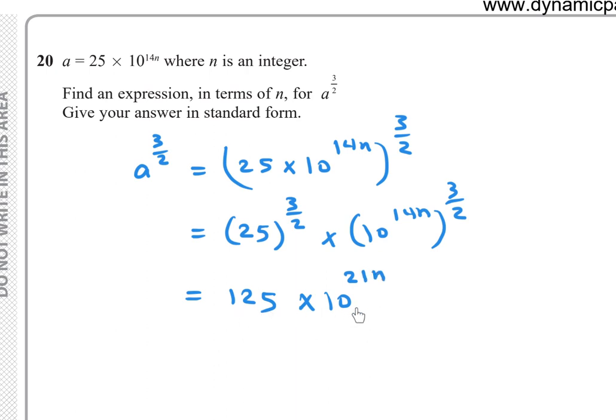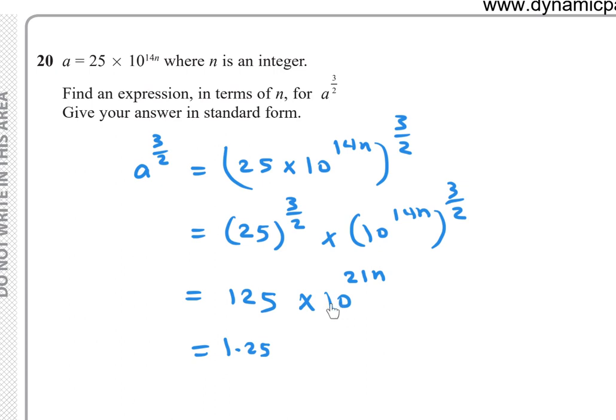Now this number is not in standard form. To write this number in standard form, this number should be between 1 and 10. So you need to divide this by 100. So this will be 1.25. If you divide this by 100, you have to multiply the other part by 100.